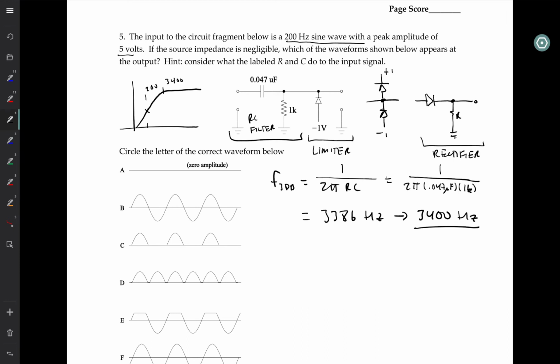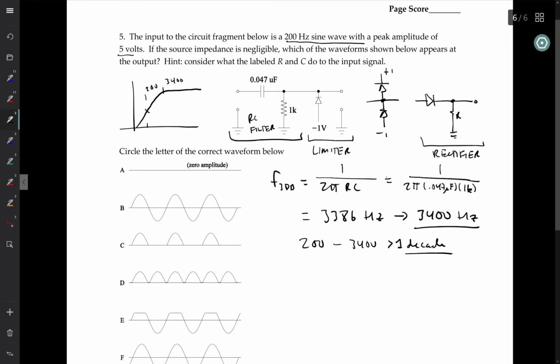How much? Well, 3400 to 200 is at least 1 decade. So there's greater than a decade.